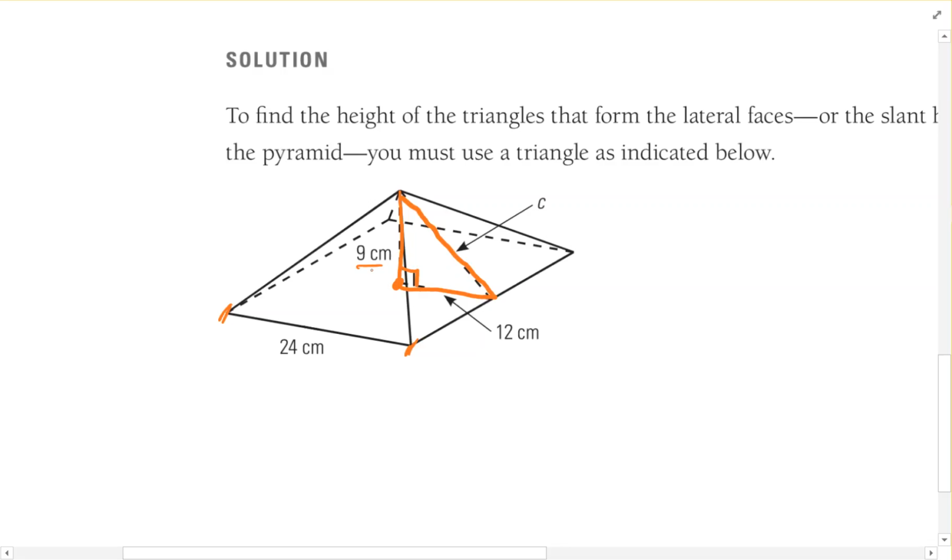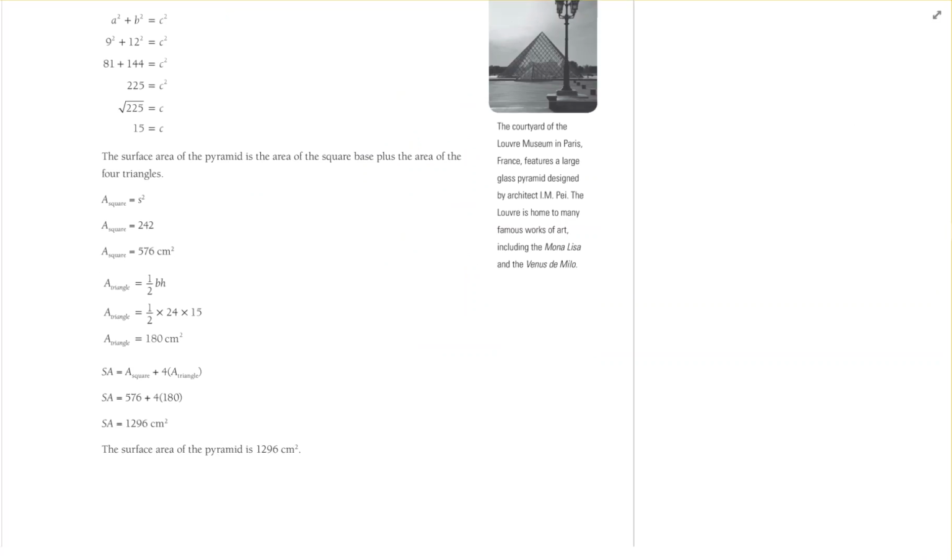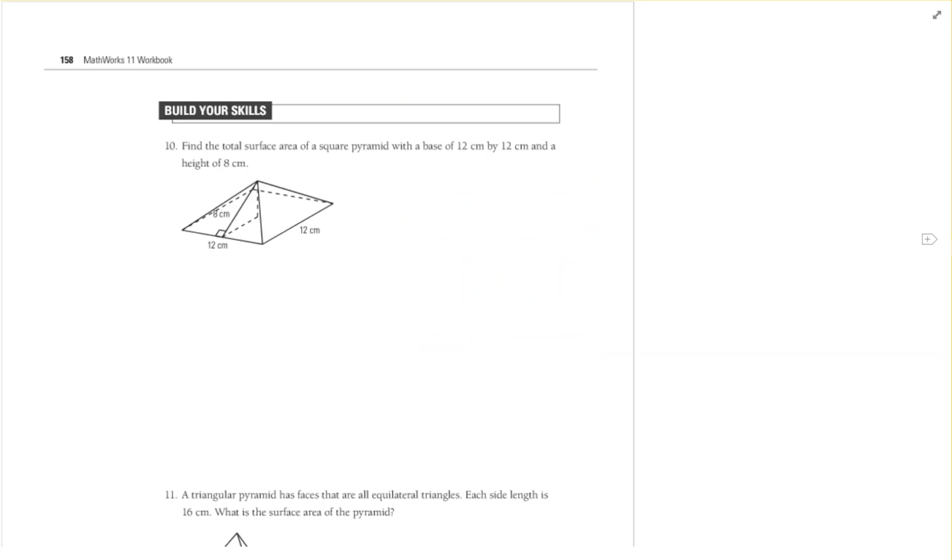So this is really A, and this is B, and this is C. A squared plus B squared is equal to C squared. We're going to use Pythagorean theorem here to figure out what our hypotenuse of that inside triangle is. And then when you know that, then we can figure out our surface area just like we did before. So you can look through your notes there to see what they did for that one. Let's just do this one on our own.